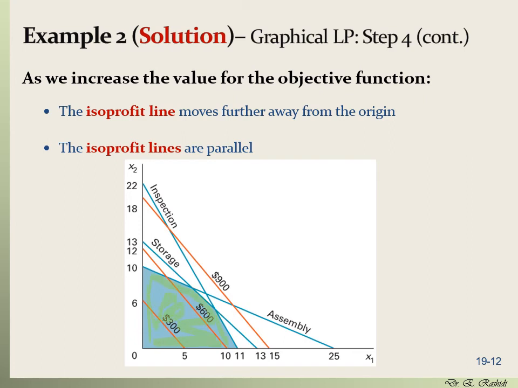This is our feasible space, and this line is outside of it. So although it would produce a higher profit, it is not possible. It's not within our feasible space.